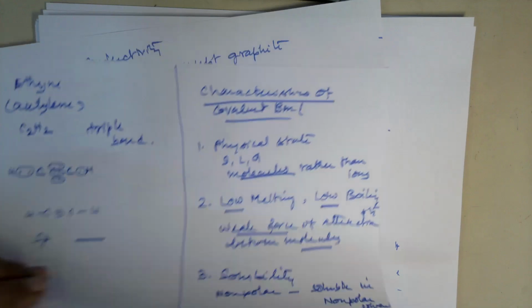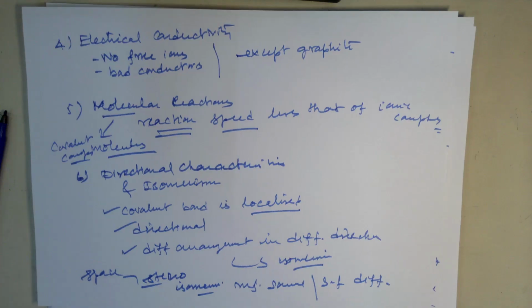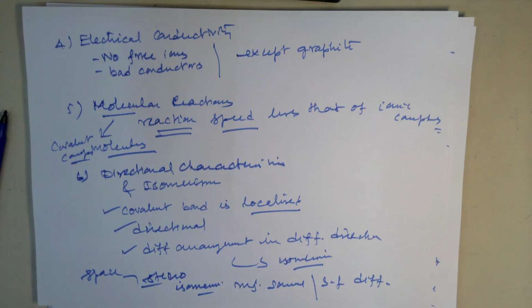Third, solubility. Fourth, electrical conductivity. Fifth, molecular reactions. And sixth, directional characteristics. And stereo means different spatial arrangement, so the same molecule will look alike, but their spatial distribution will be different. Under isomerism, I'll explain that in detail.